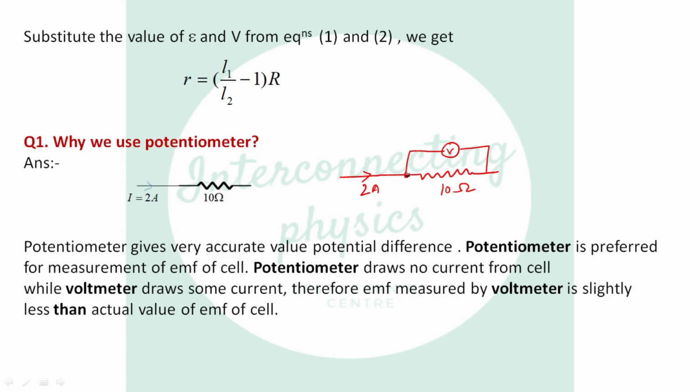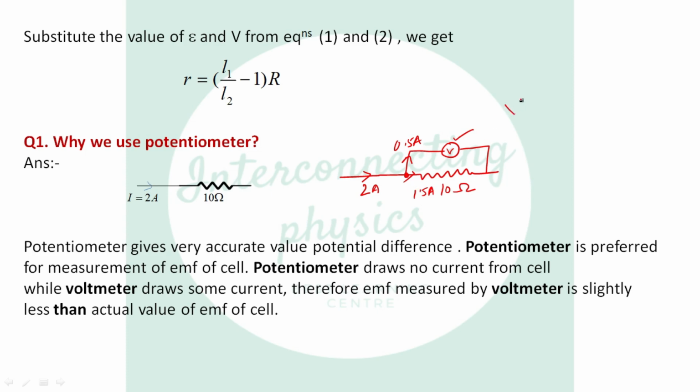But in a parallel circuit current always splits into different arms. So let us say 1.5 ampere goes to this wire and 0.5 ampere goes to the voltmeter.